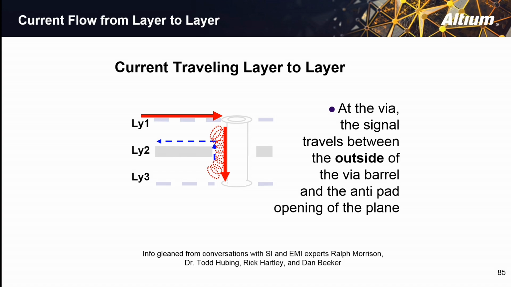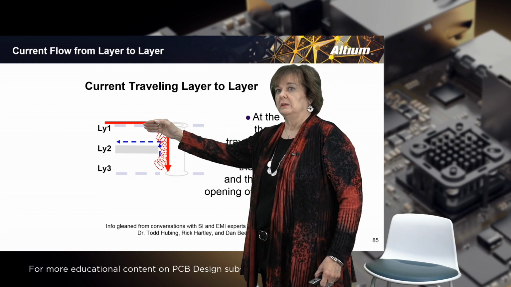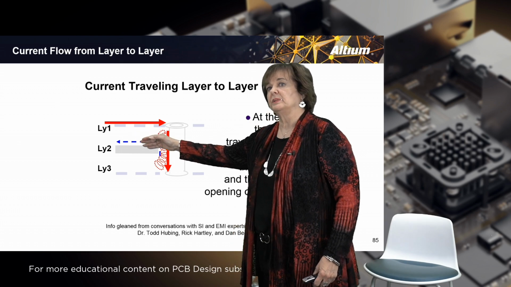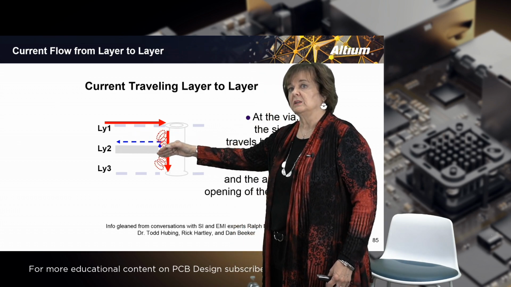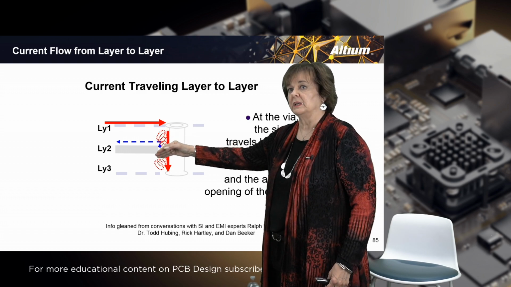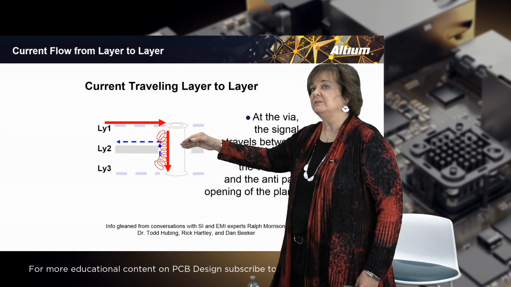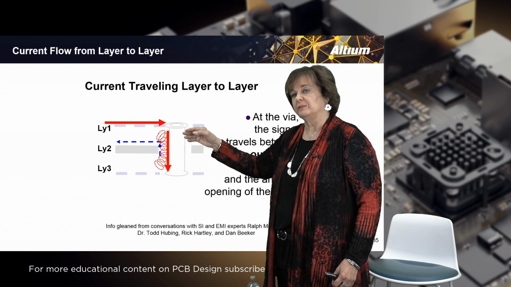When it gets to that point, the energy is flowing in here, remember? And when it gets to the point that it's flowing to the opposite side of that plane, it's actually compressing down and flowing in the antipad opening between the via and the antipad opening. It is not flowing in the via itself.